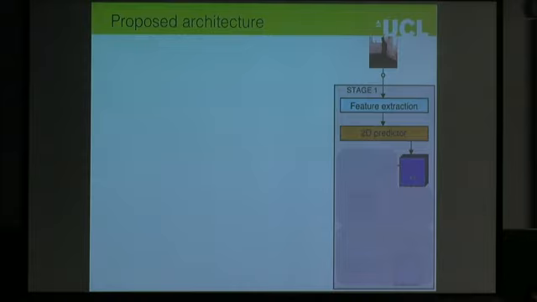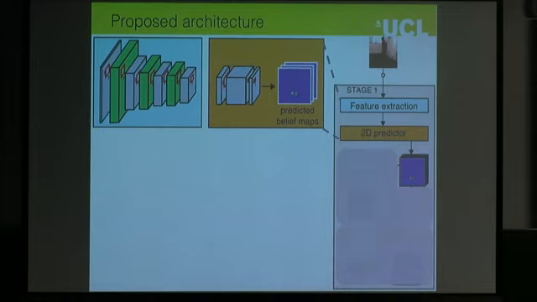Each of these heat maps tells us our belief of where each of the joints is going to be. So we get 17 images back, belief maps for each of the 17 joints. This is what this part of the architecture looks like. It's a convolutional architecture, and then it predicts these belief maps.